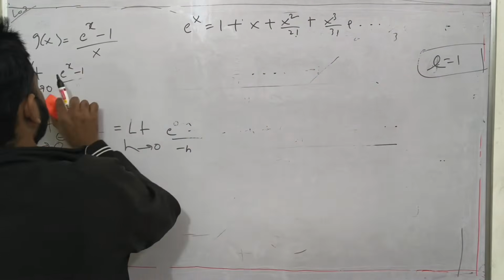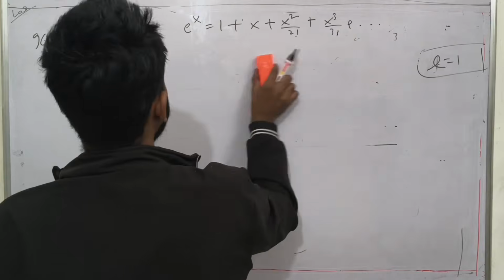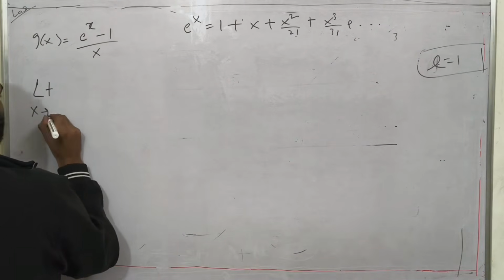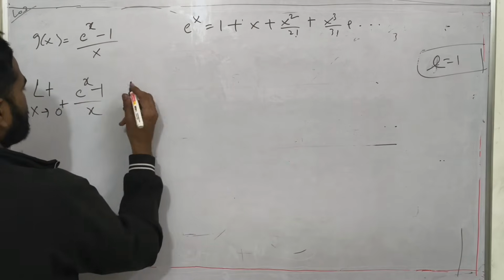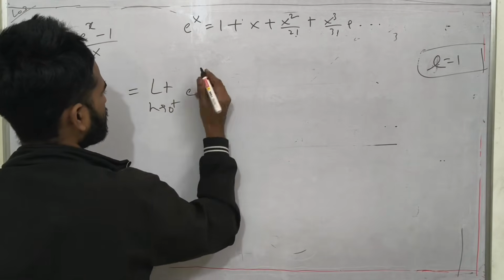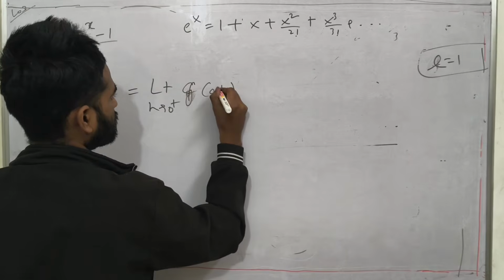Now again the right hand limit of this: limit x tends to 0 plus of e power x minus 1 by x. So it is limit h tends to 0 plus of f of 0 plus h, g of 0 plus h.